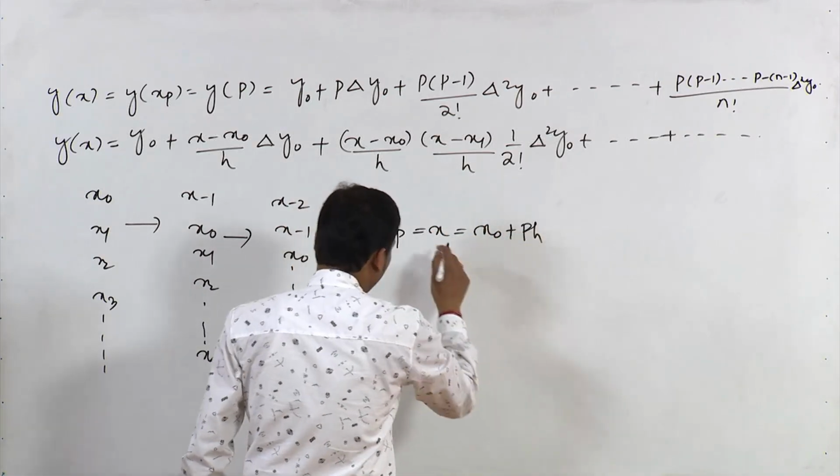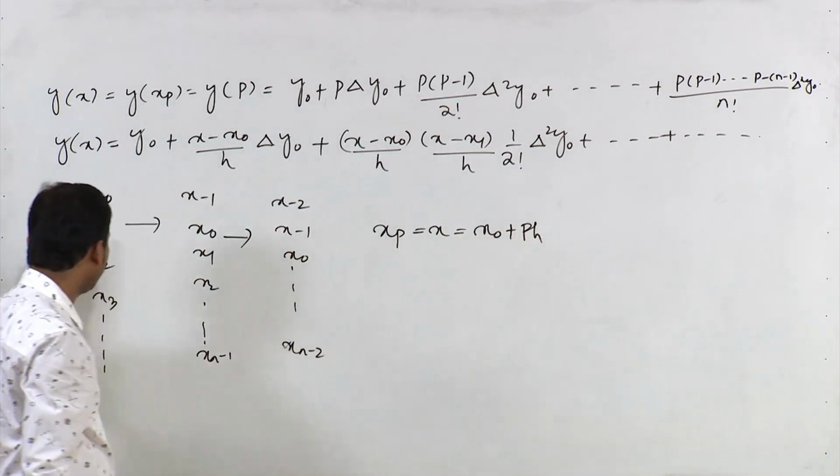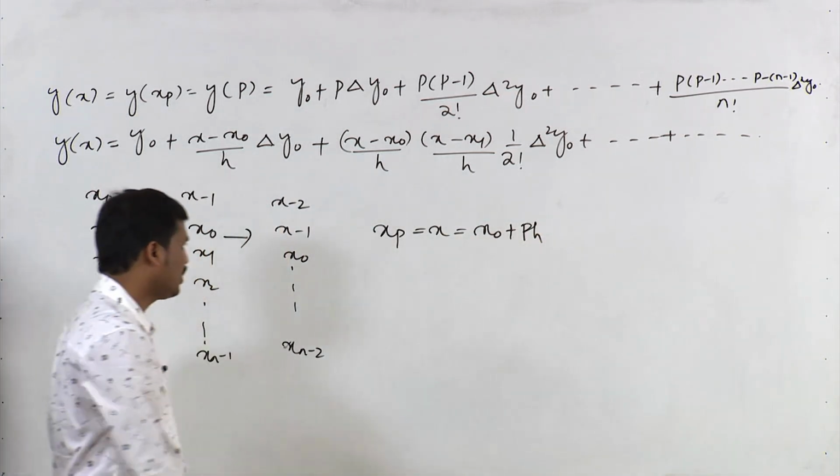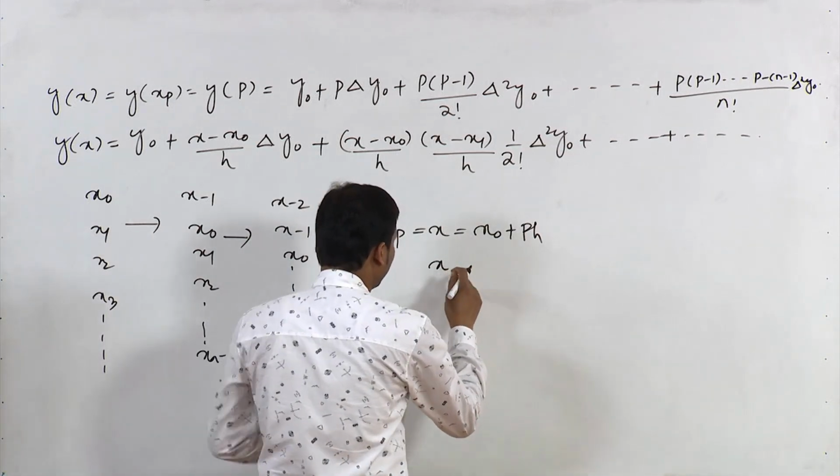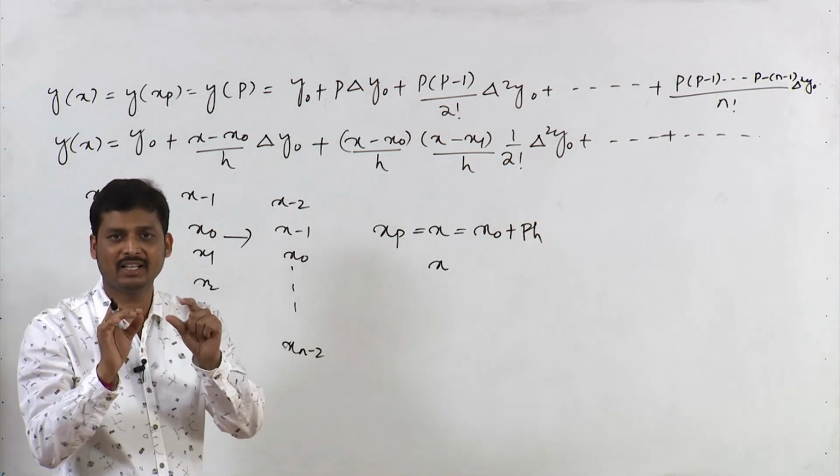So, that is why, if the interval is lying between x1 to x2 here, then you can consider this point as x of 1 and 2, within that it will exist.